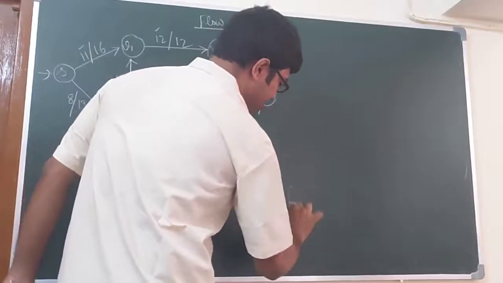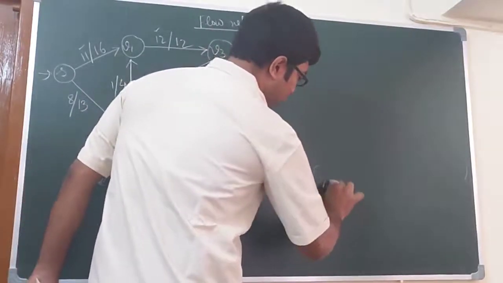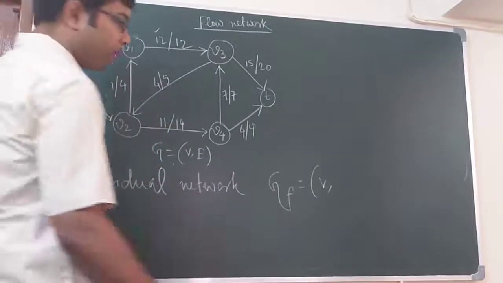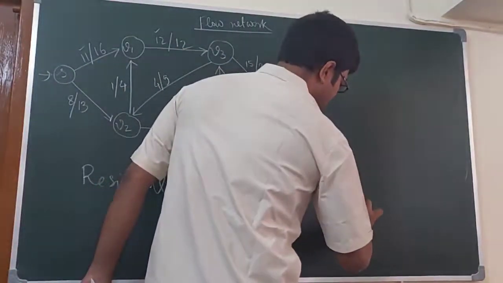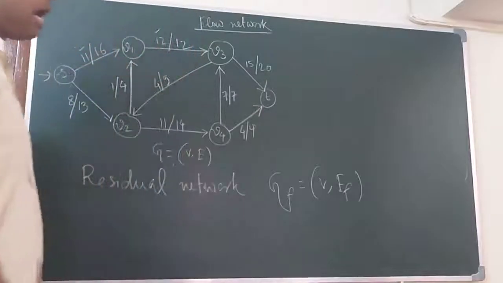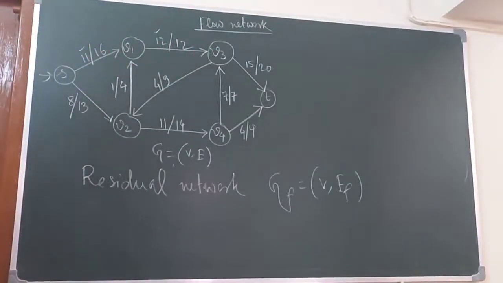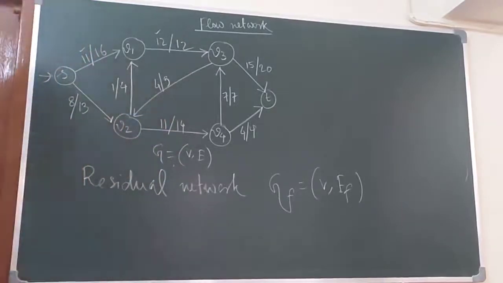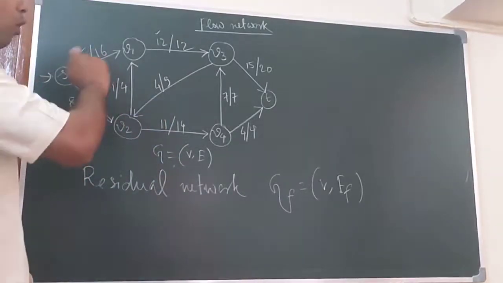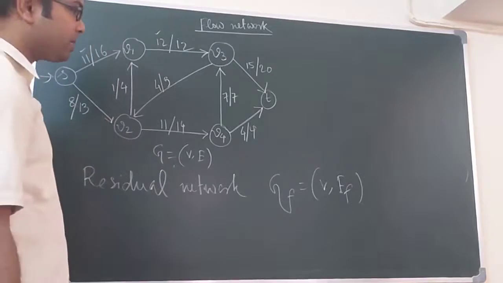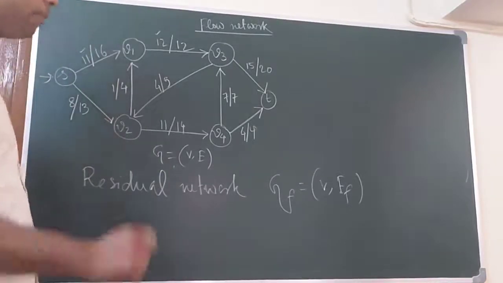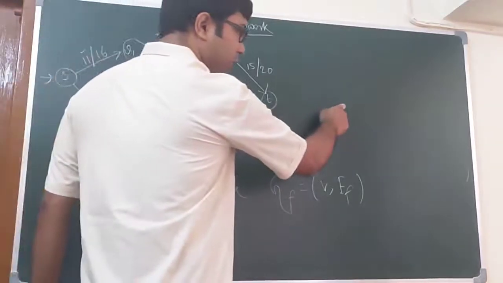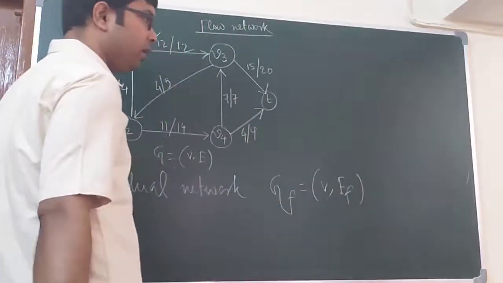A residual network is G f with all the vertices the same as in the original graph, and the edges are E f. So a residual network is nothing but the original graph, but where we can increase the flow. It must satisfy the capacity constraint and the flow conservation constraint.